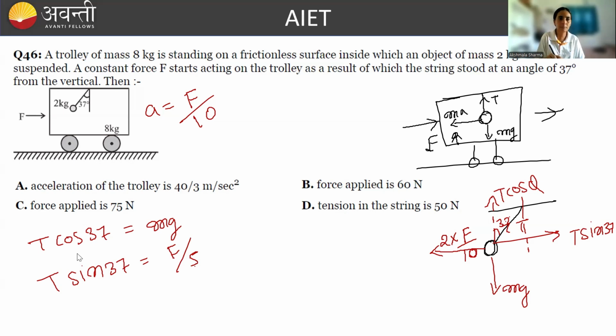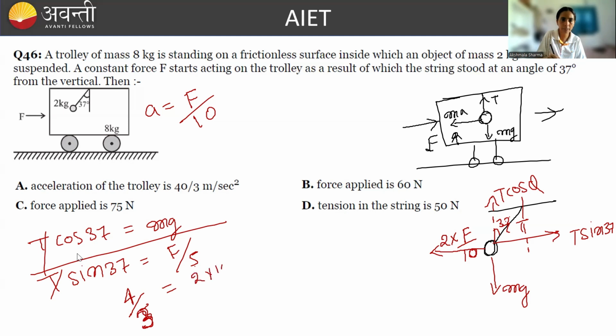Now the force applied also we can calculate here. If you divide the tension equations, cos 37 is 4 by 5 and sin 37 is 3 by 5. So overall this is cot 37, which is 4 by 3, and this is equal to mg divided by F by 5. Here m is the mass of this, which is 2 kg.